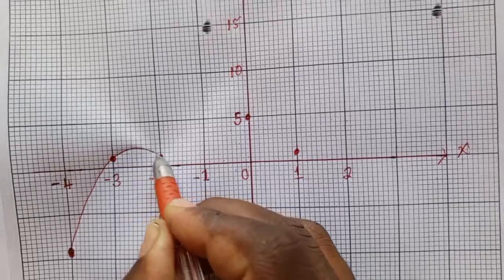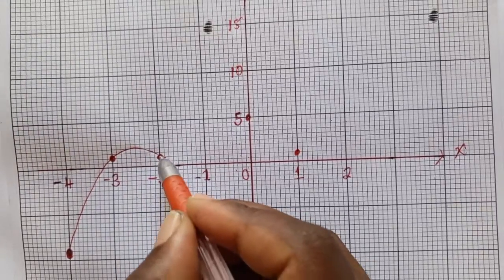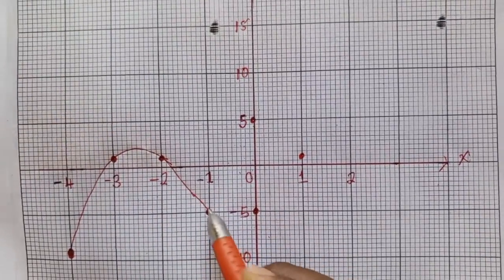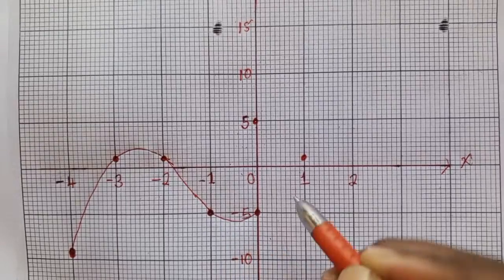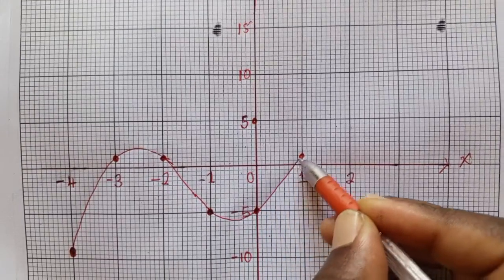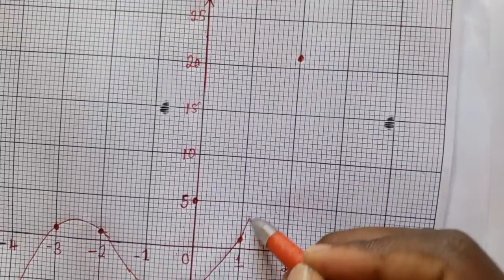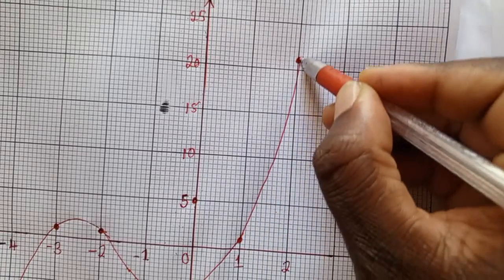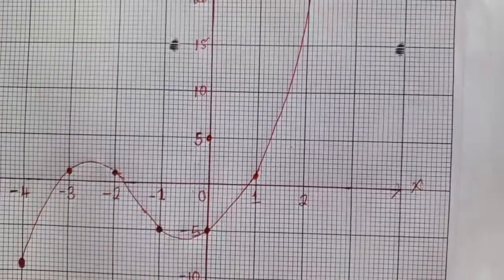You join all the way, and your graph will nicely look like this. So make sure it looks beautiful. So this is my graph.